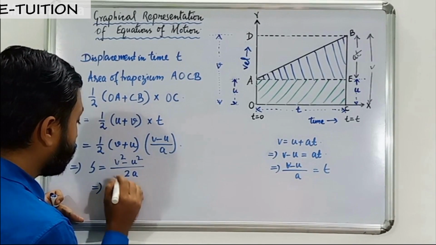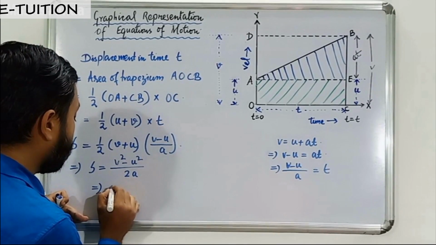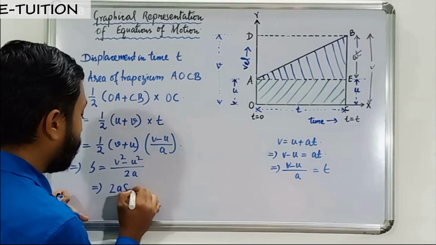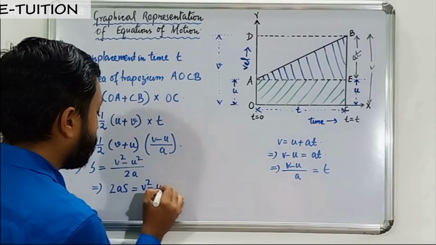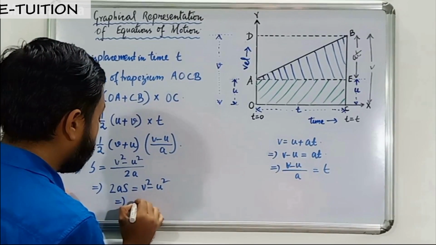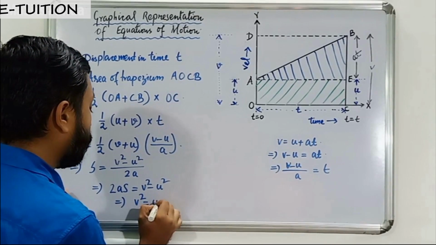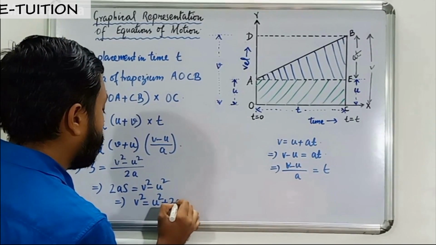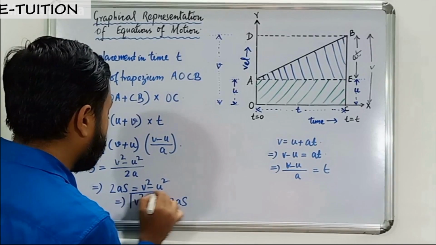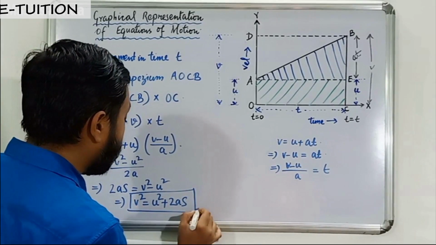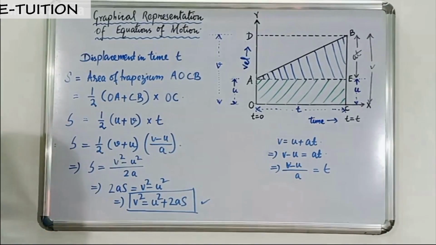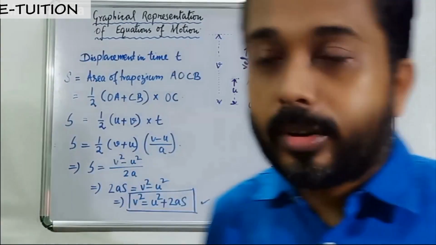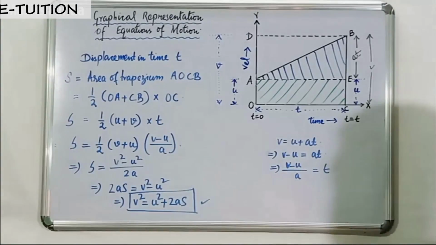Do cross multiplication to arrive at the result. 2as equal to v square minus u square. Do a side change. v square equal to u square plus 2as. So finally we have ended up arriving at the third equation of motion, v square equal to u square plus 2as.